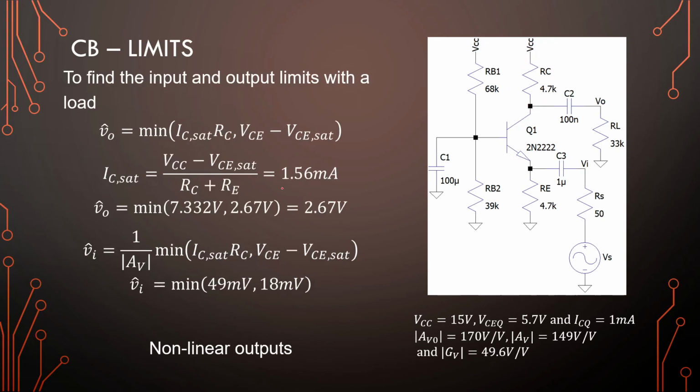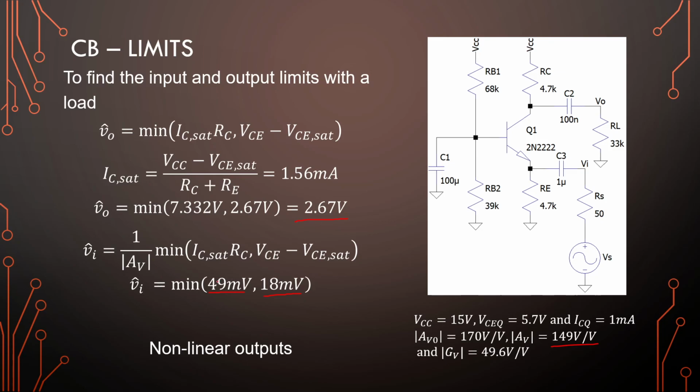Looking at the saturation, nothing has changed up to this point right here. We get 2.67 volts using the saturation current, but we have a different loaded gain for this amplifier since we have a larger load resistor. If these two were matched, the values would have been exactly the same. Okay, so our input voltage is dependent on a new AV value, and we get 49 and 18 millivolts on the input.